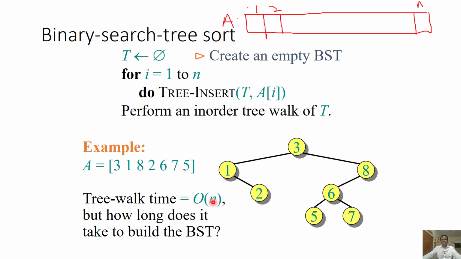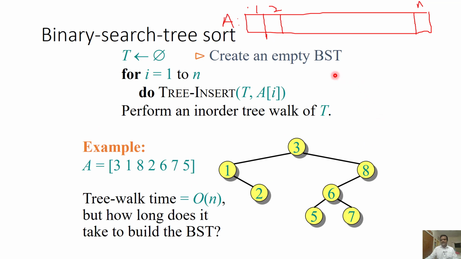So this in-order tree walk will take linear time because each time we are printing one element. So there are n elements, it is linear time. But how much time will it take to build the BST? So that we have to see. That will depend on the input, or that will depend on the tree structure.